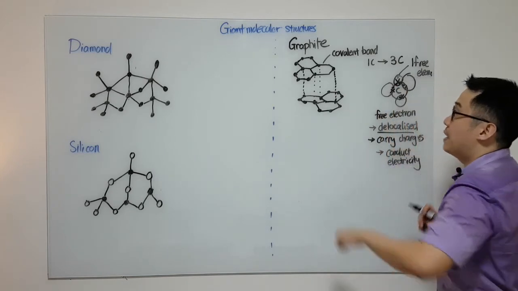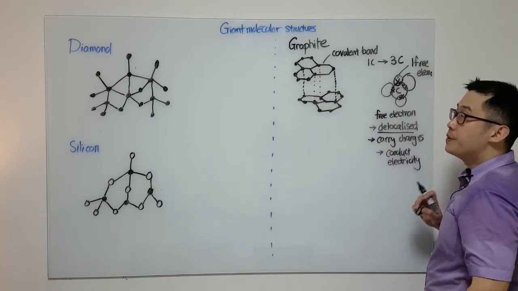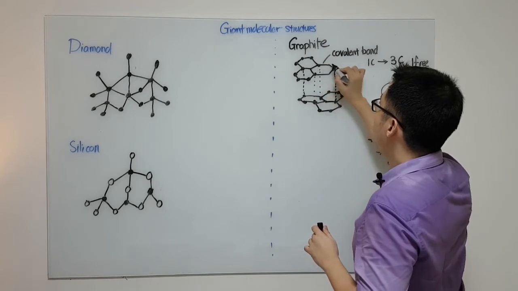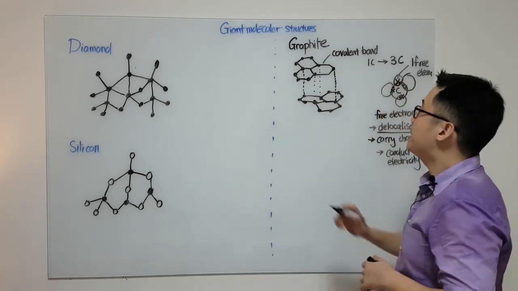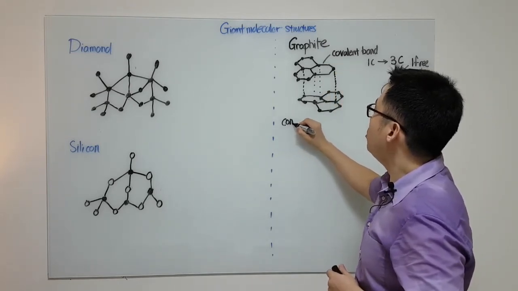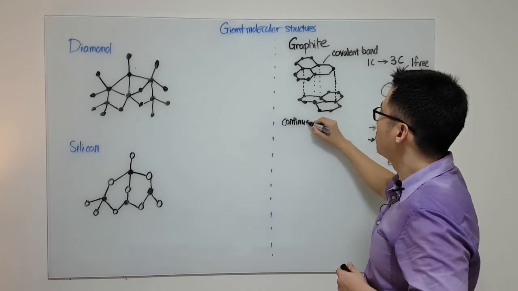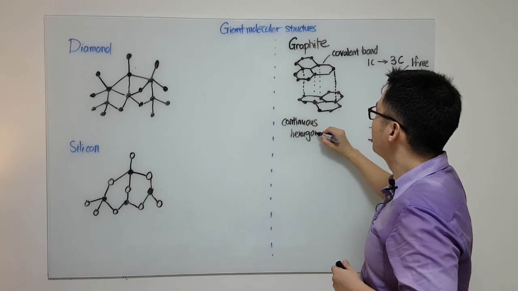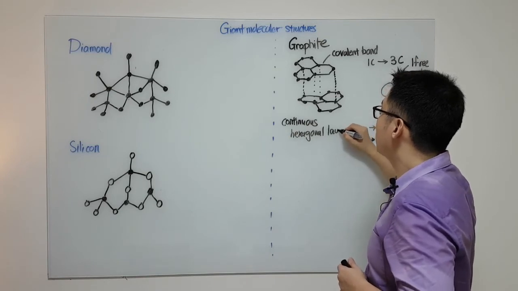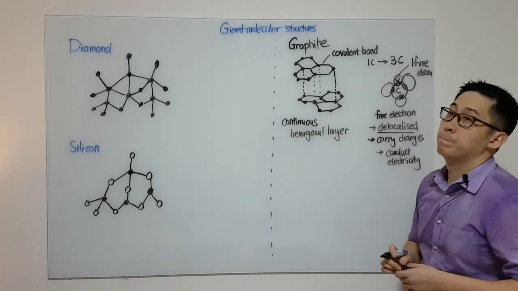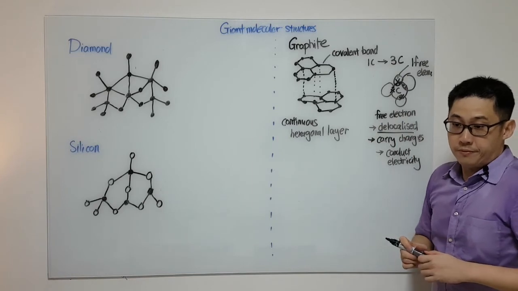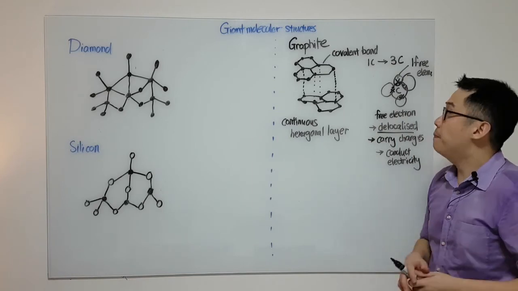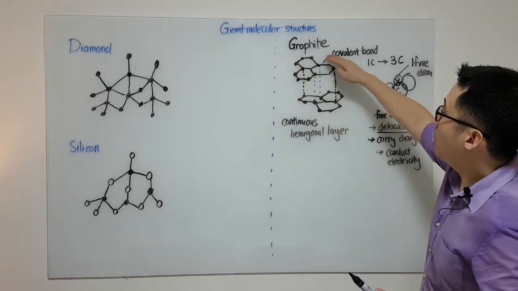Now, because each carbon is bonded to 3 more carbons, they will form essentially a continuous hexagonal layer. And this is along the layers, okay?